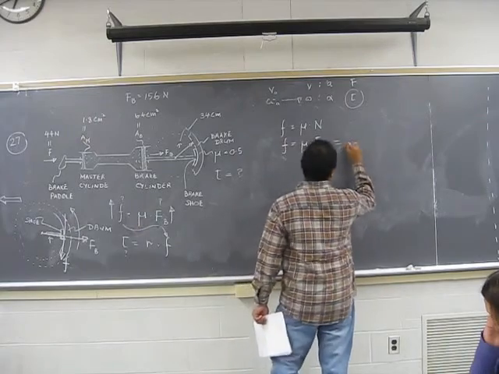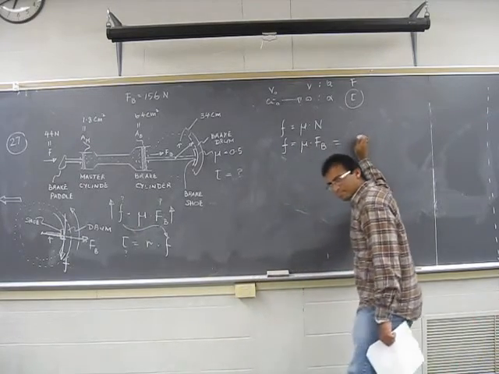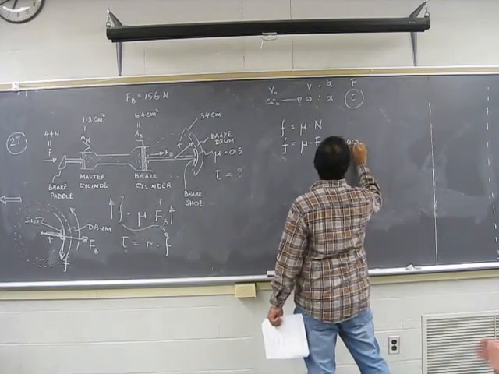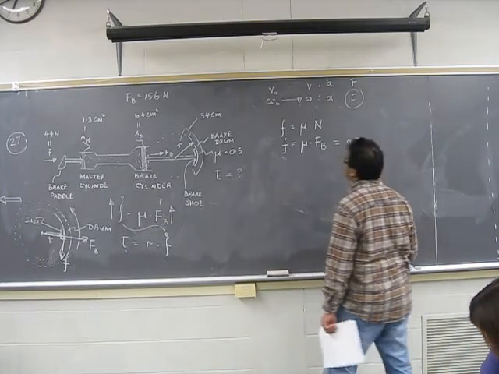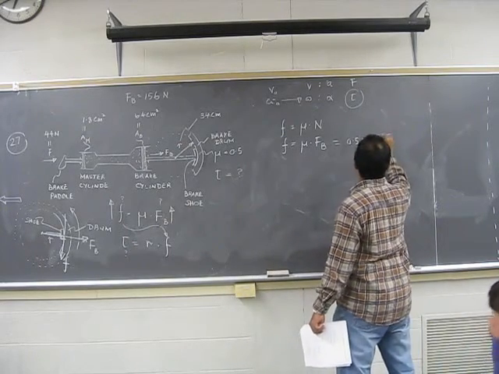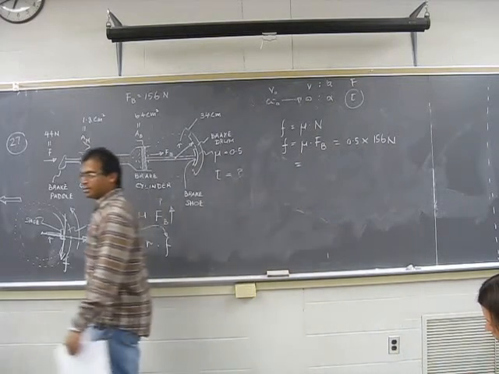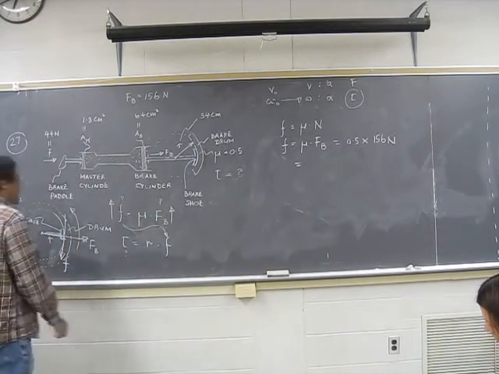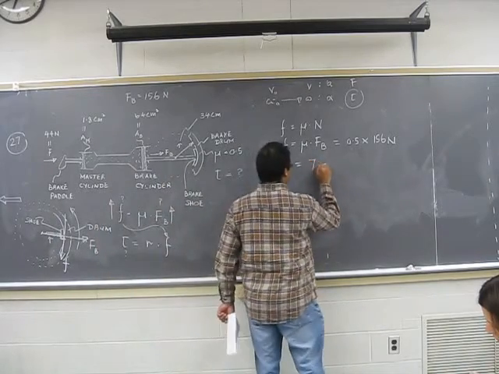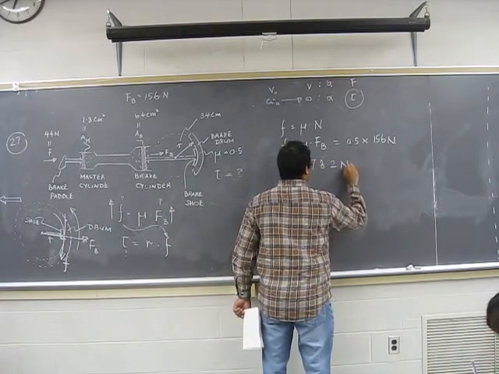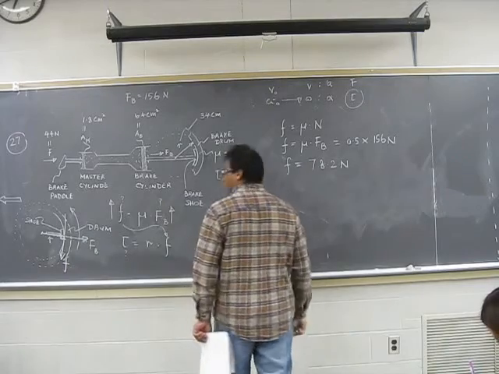Now, what is mu? 0.5. And then of course, what is FB? We found out 156. Guys, could you please find me a number? 78.2. This is my frictional force.